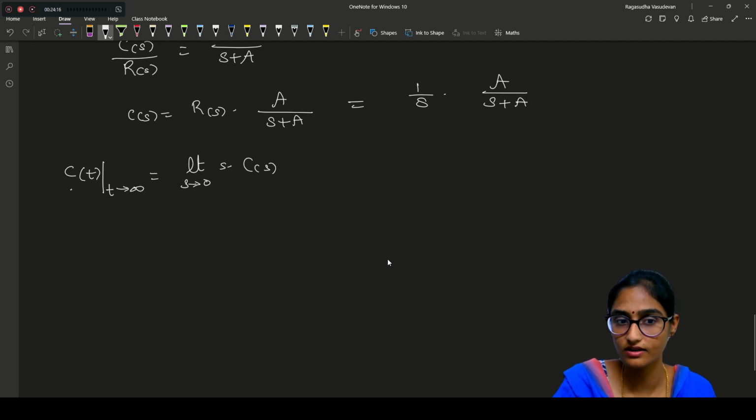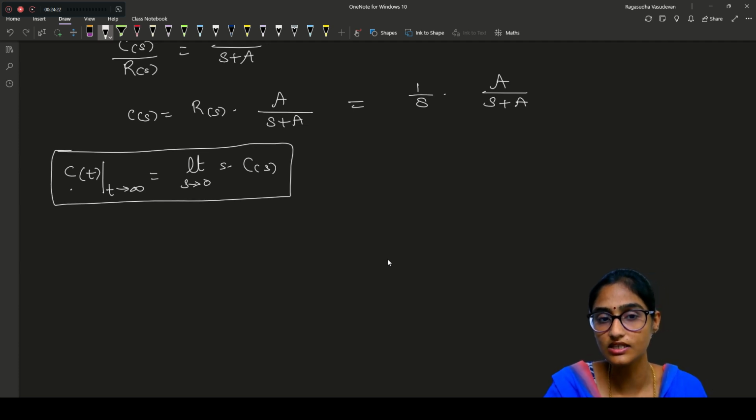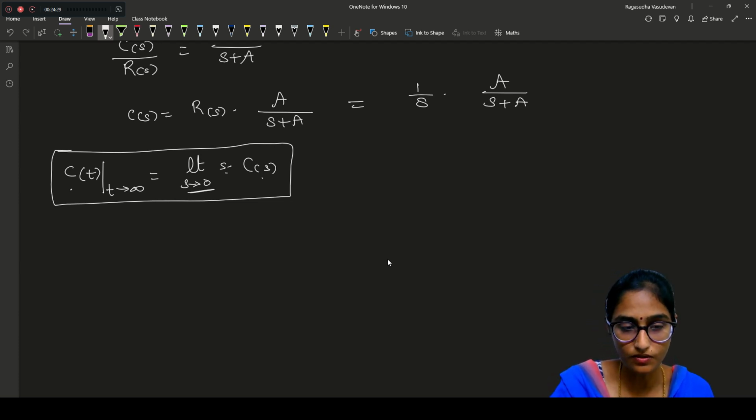According to the final value theorem, the value in the time domain as time approaches infinity is the same as the limit in the s domain as s approaches 0 of s into C(s). So we can find the steady state by this means.